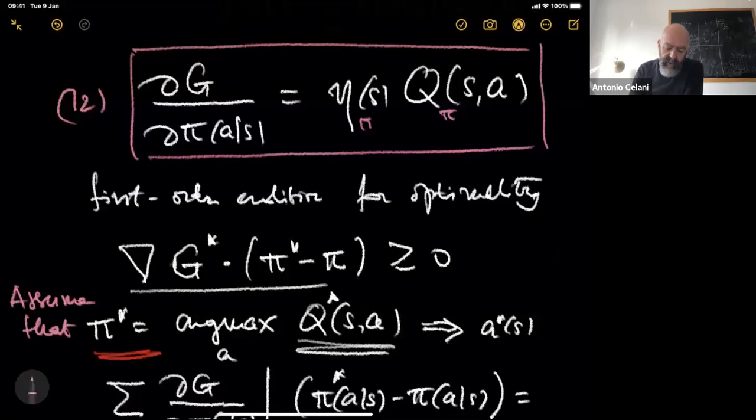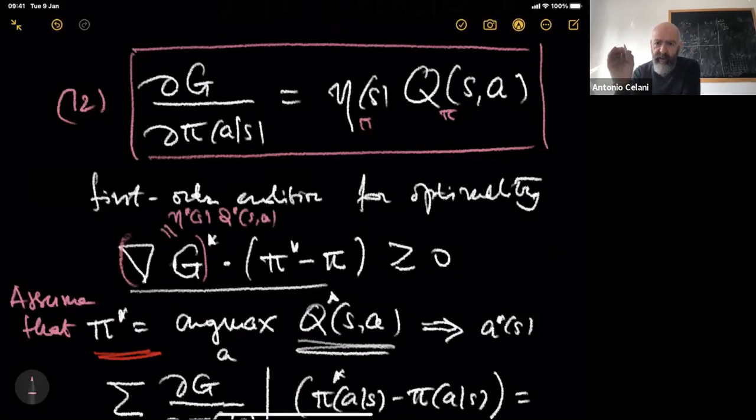So remember, here I have to evaluate the gradient at my optimality point. So this object here will be equal to eta star S Q star SA. Notice that everything here is very formal, very implicit, because this Q star I don't know yet. And in its belly, it has the optimal policy itself. So we are making a little bit of acrobatics here.